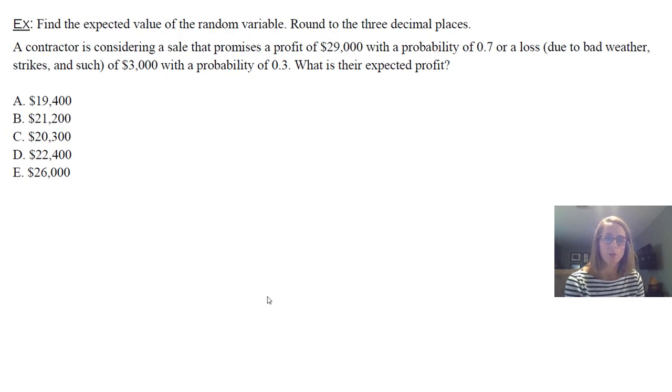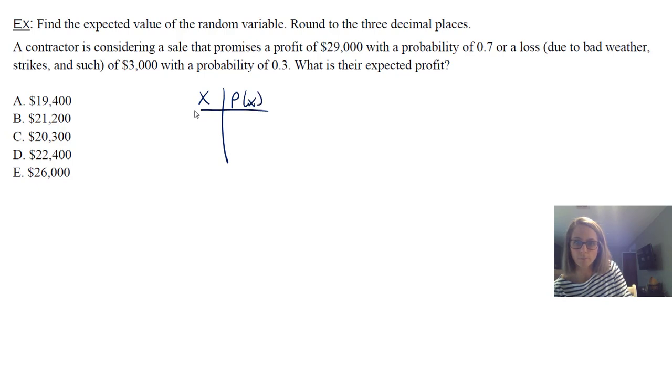So you've got this contractor, they could make a profit with a good probability, but they could also take a loss with a 0.3 probability. So what is their expected profit? So what I want you to do is you're going to make a probability distribution table for the situation. So go ahead, you'll make that, see if you can find your expected value, pause it to do all this, and then come back and you'll see, I'll do the answer. So pause it, see what you get.